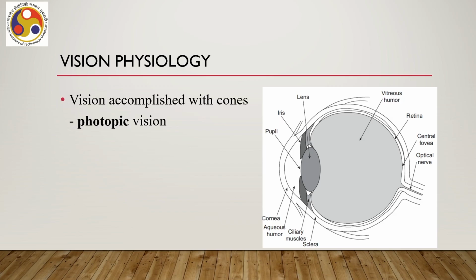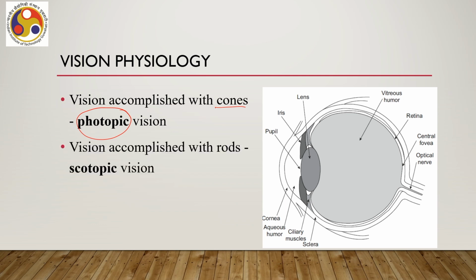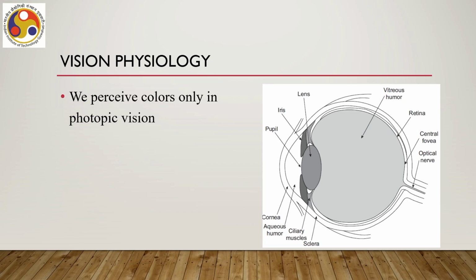When we perceive something only with cones, that is photopic vision, and when we perceive something with rods only, that is scotopic. Scotopic is more related to the peripheral vision, photopic is more related to the direct vision or central vision. We perceive colors only in the photopic vision.